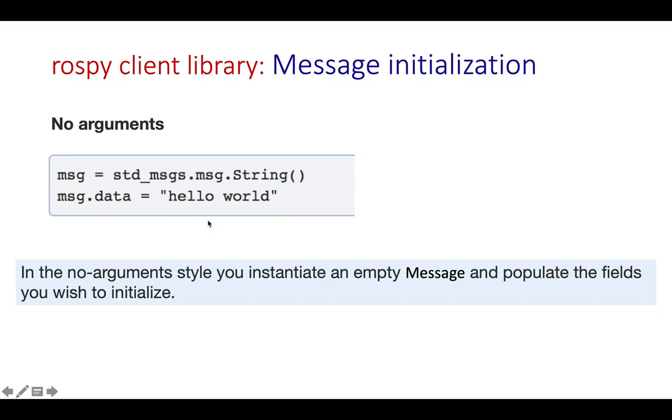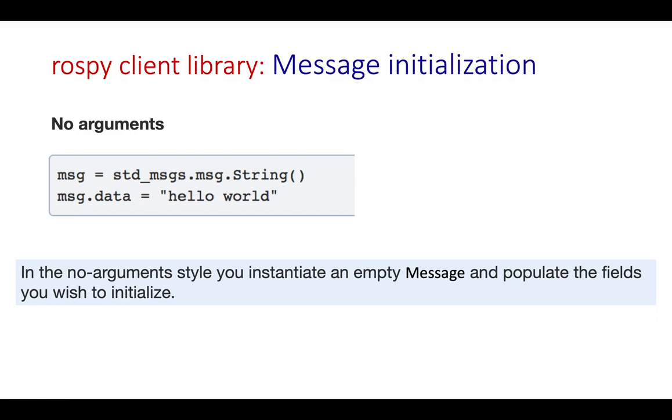Note that I knew that this empty object has a field .data only because I am familiar with the String.msg file. Otherwise, there was no oracle which told me that the field is called data. So you can say message.data is this value, hello world or whatever, and then you have created your message packet, and then you can just publish this packet. You will see an example of that in a bit.